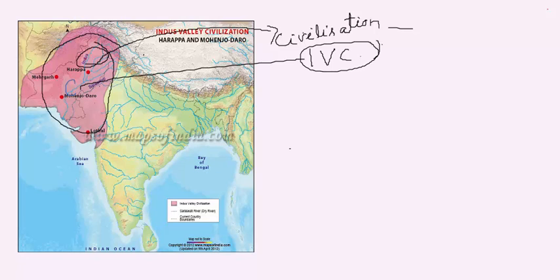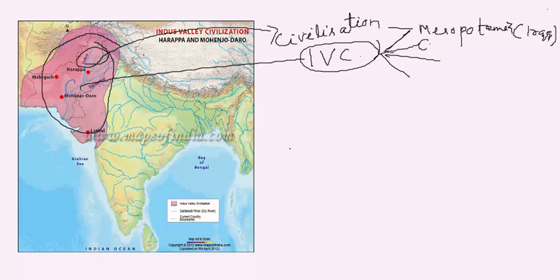But many people confuse it with other civilizations around the globe. Actually, let me clear this up. Indus Valley civilization and all other civilizations flourished in contemporary times. You can say another is Mesopotamia civilization, which is found in today's Iraq.